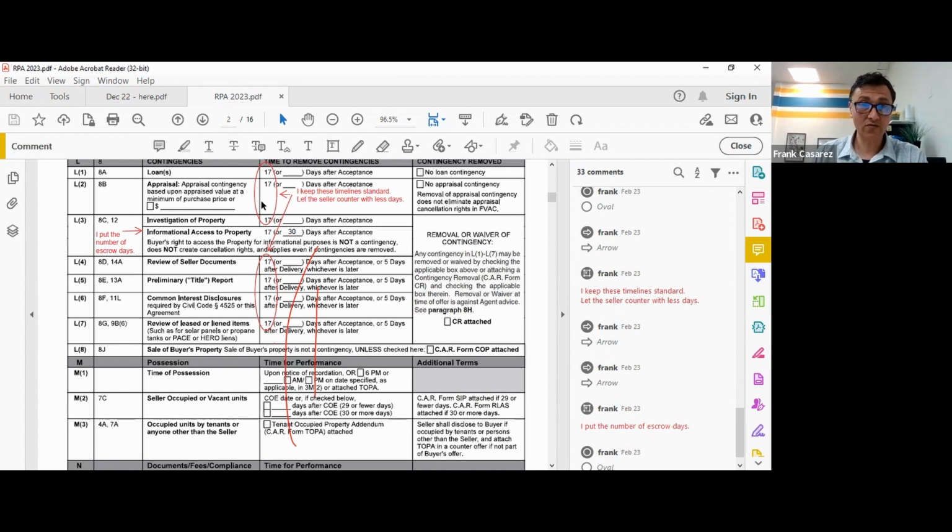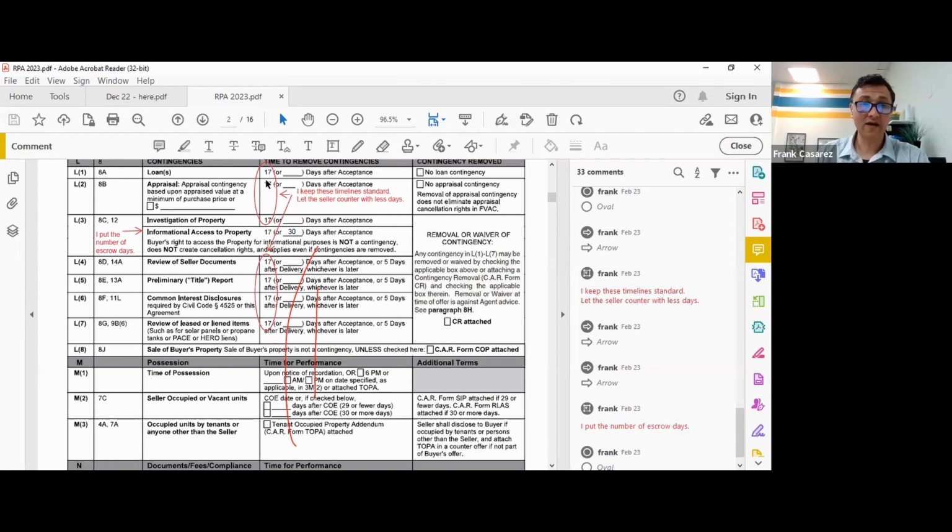You don't know that if you'd left it alone, let's say they countered you back and didn't touch your loan contingency, they left it at 17 days. Let's say they came back and said, okay, we're going to bring that to 12 for the appraisal, and the inspection, we're knocking that down to 10. So what if your buyer's agent said, you want to be more competitive?